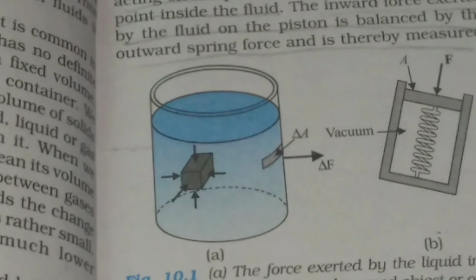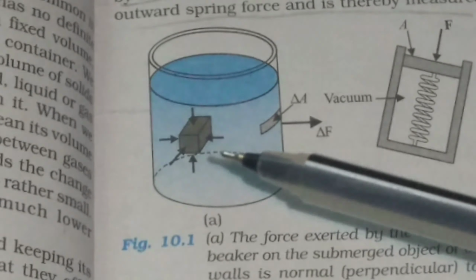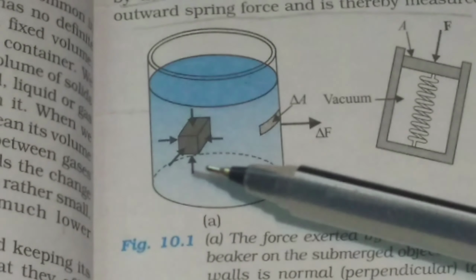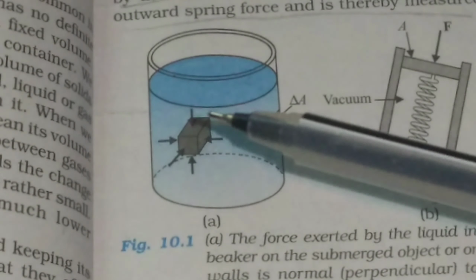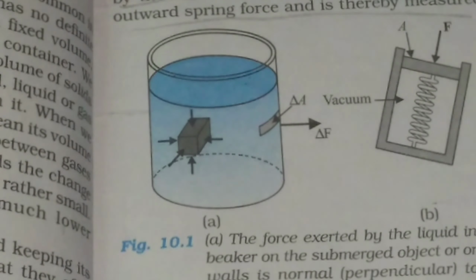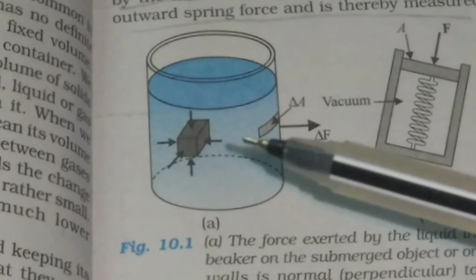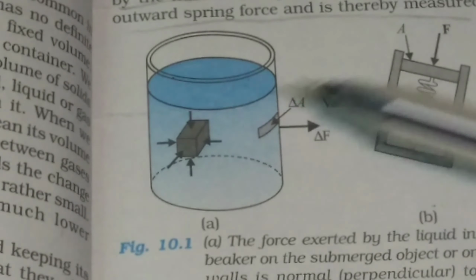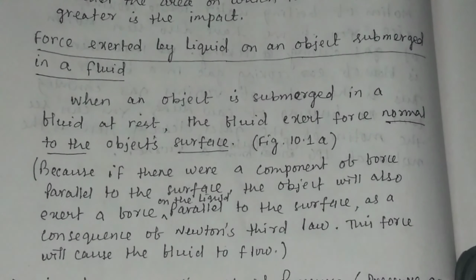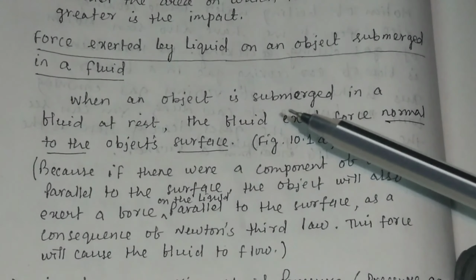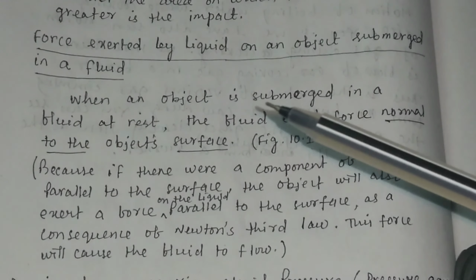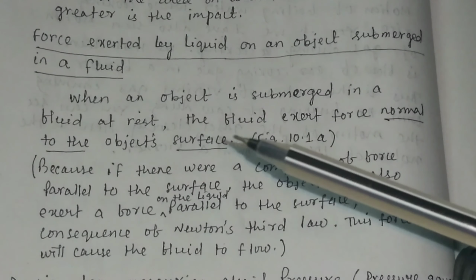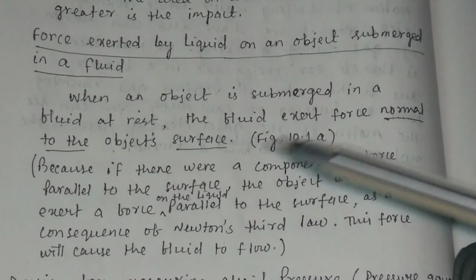So what will happen? Then the fluid will flow. But since the fluid is not flowing, we conclude that the force exerted by this fluid at rest is normal to the surface. So it is very important to remember that when an object is submerged in a fluid at rest, the fluid exerts force normal to the object surface.